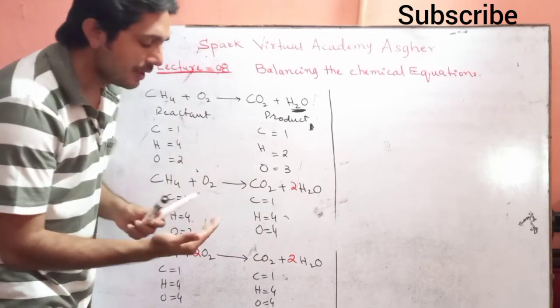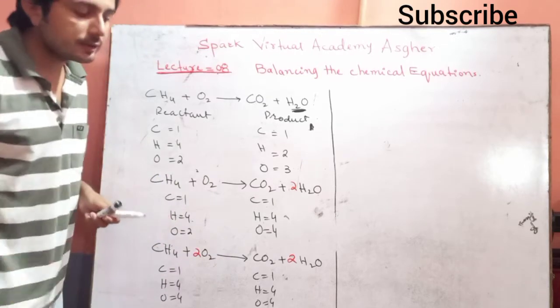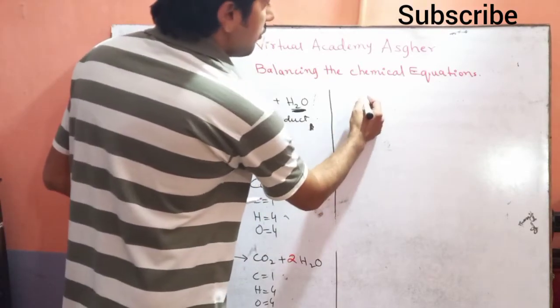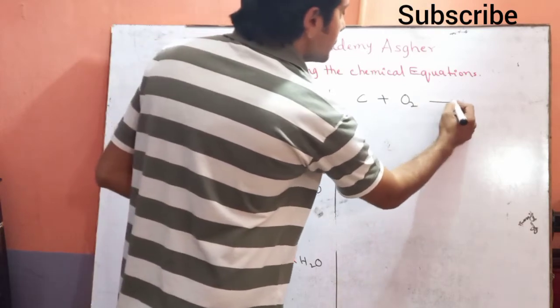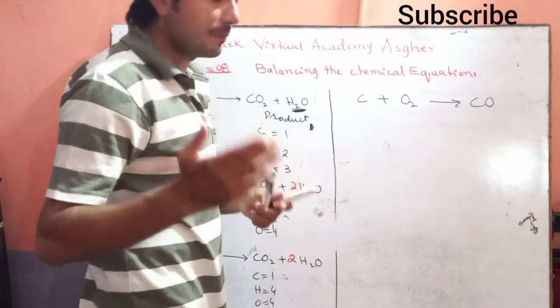So this is the chemically balanced equation. We are doing another example, a very simple example.